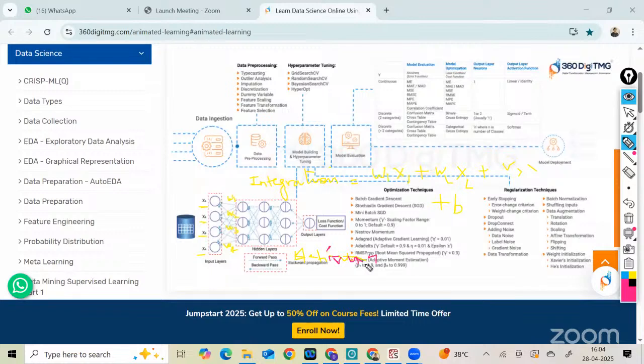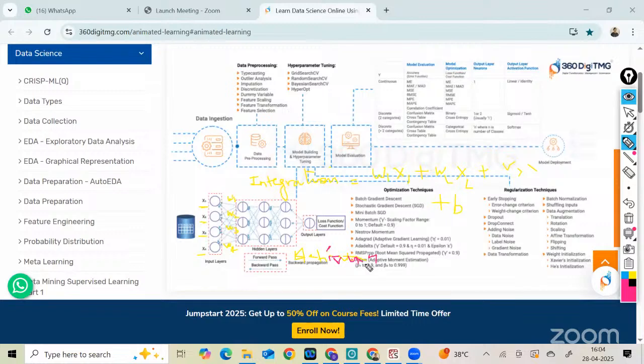Okay. So if it is lesser, that means accuracy will be more. This will be helped by things like optimization techniques and regularization techniques.